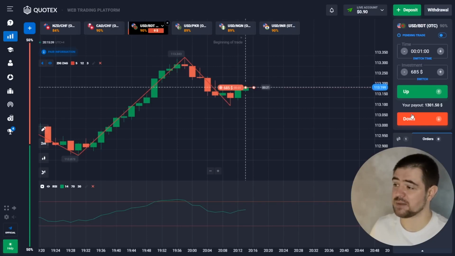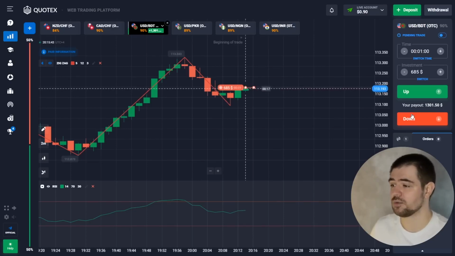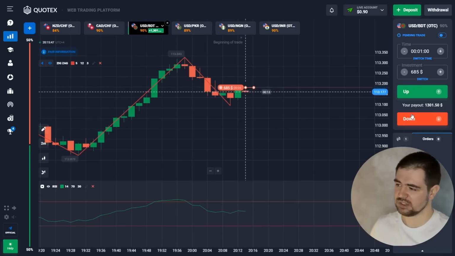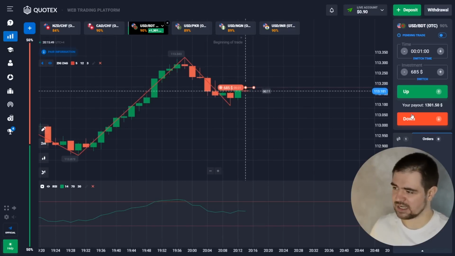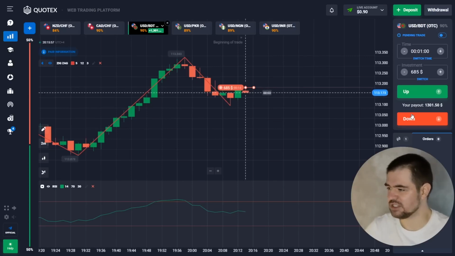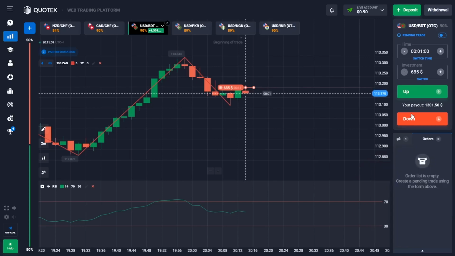Maybe for a few minute time, I would go for a call option. But here we're in this pullback, I think, and we'll see. Let's see the result of this option.